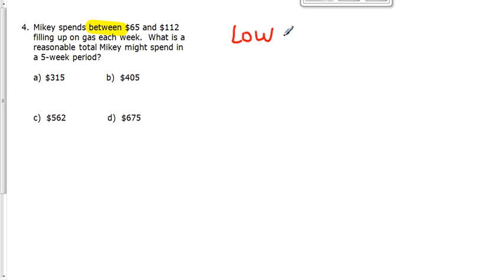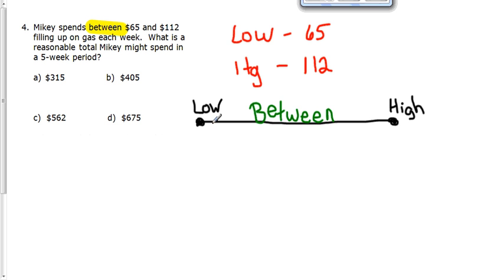And we're also going to have a high. So our low was 65, and our high was 112. So what we want to do on this question is figure out the lowest amount that he would spend and the highest amount he would spend, and we're looking for any answer that is in between.